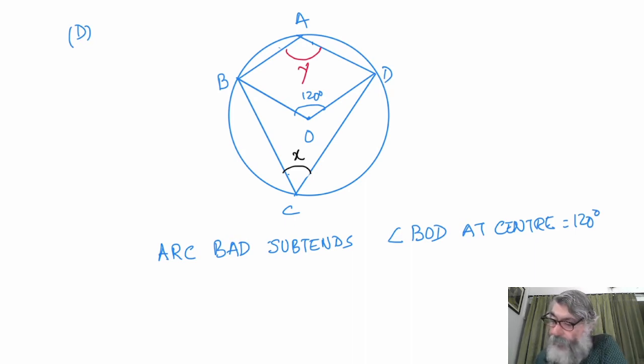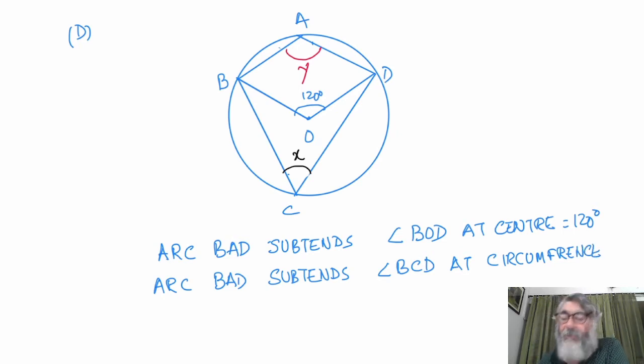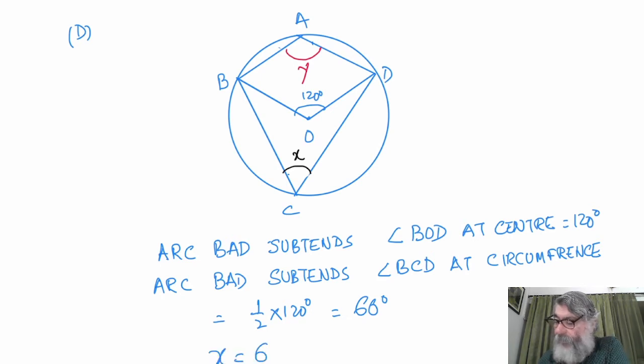And arc BAD subtends angle BCD at the circumference. So the angle at the circumference will be half the angle at the center, which will be half of 120 degree, which will come out to be 60 degree. And what is the angle BCD? X. X is 60 degree.